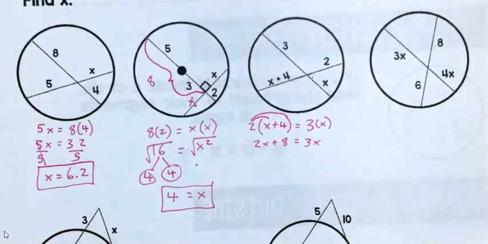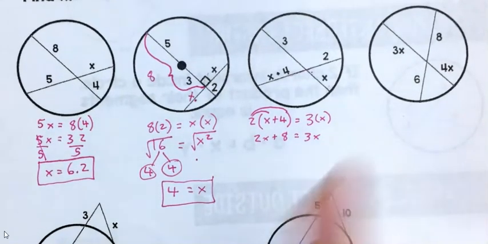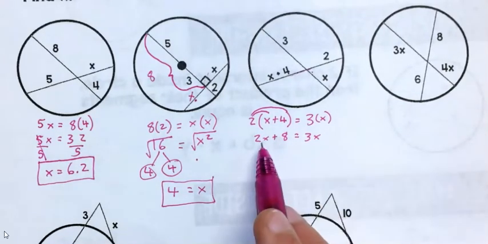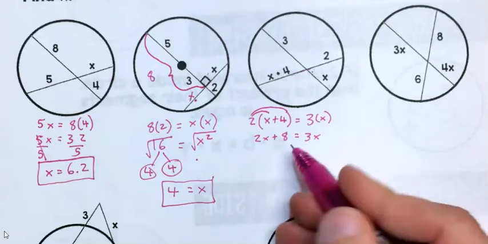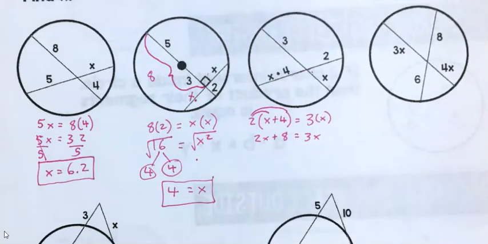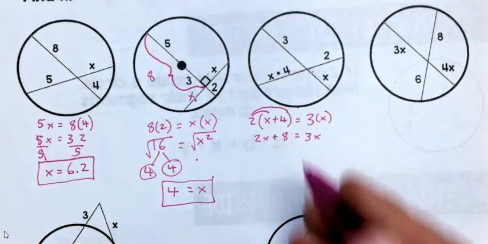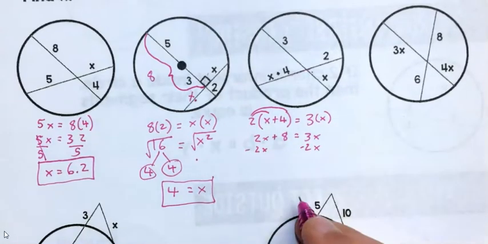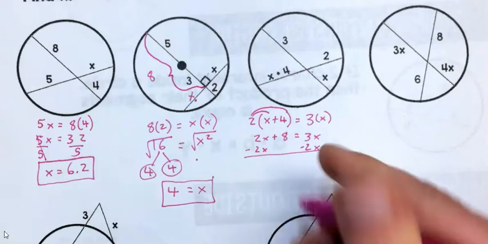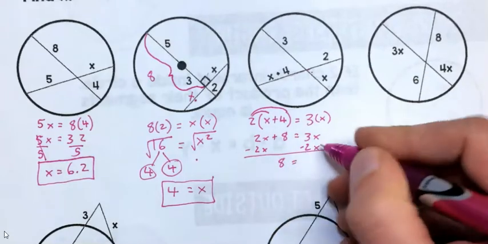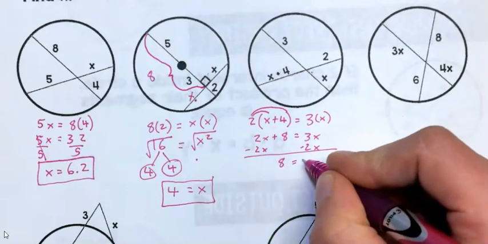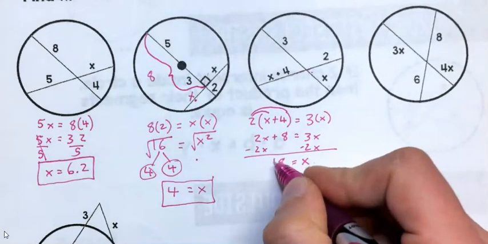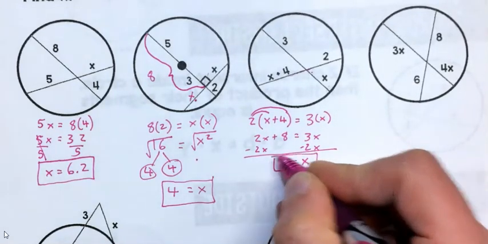Get all my X's on one side and my numbers on the other. Personally, I want to move the 2X over here so that I don't have to deal with negatives. So I subtract 2X from both sides, and I get 8 is equal to 3X minus 2X, which is just X. There we have our answer: X equals 8.